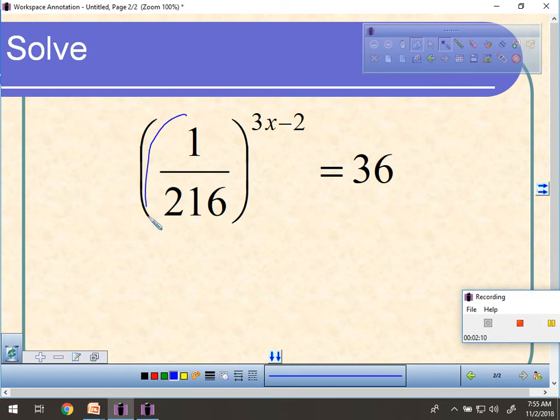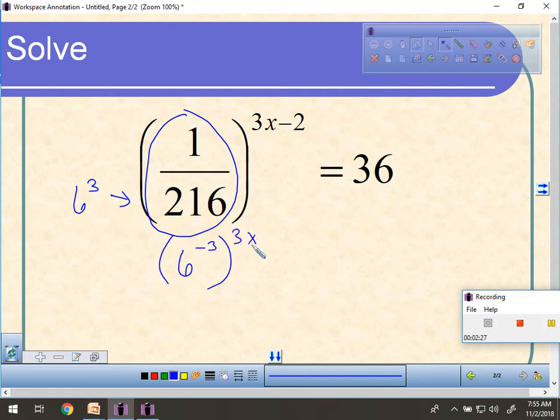So this lets me know I'm going to have a negative exponent. 216, if I look at my chart, is going to be 6 to the 3rd, but because this is a fraction, it's going to be 6 to the negative 3, and so then I can simply rewrite this. 36 is going to be 6 to the 2nd power, and so now I can cross out the 6's and distribute, and I'll get negative 9x plus 6 is equal to 2.